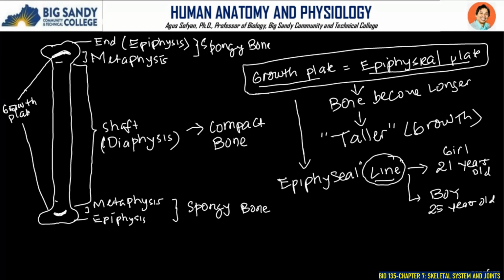For the males, it can go until 25 years old. After 25 years old, the plates become a line, and the boys usually will also not grow taller anymore. Okay, so that's the part of the long bone.